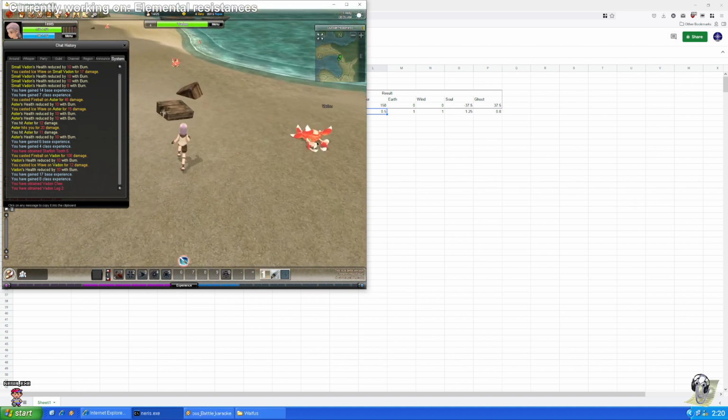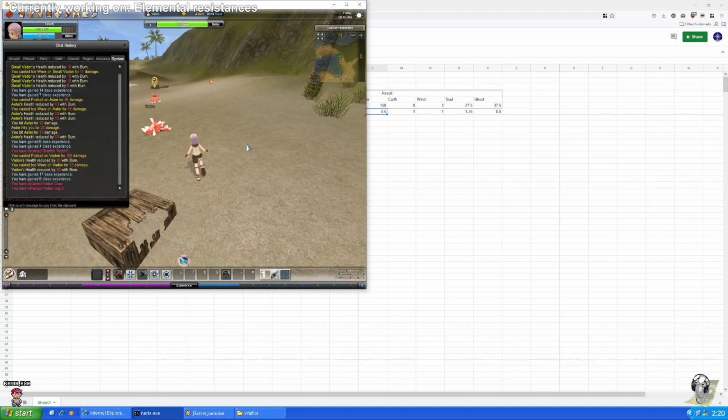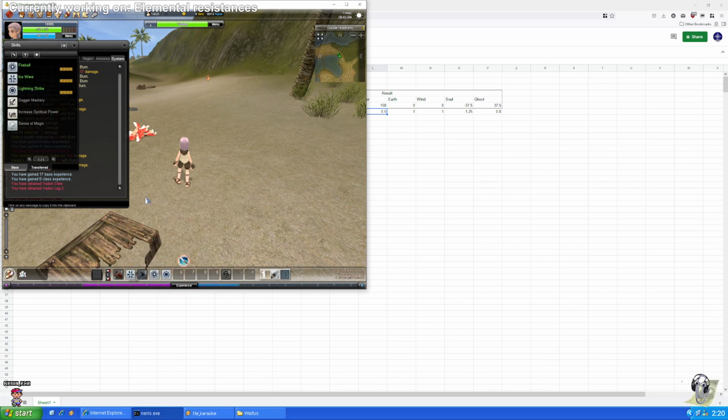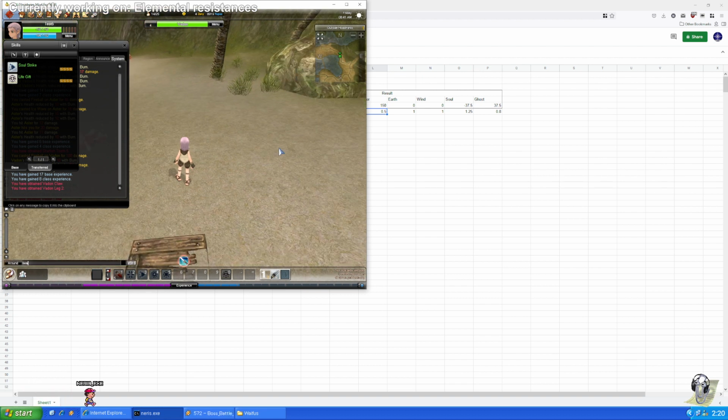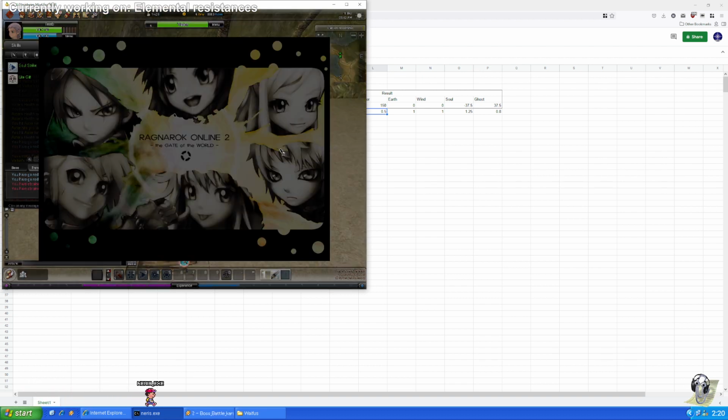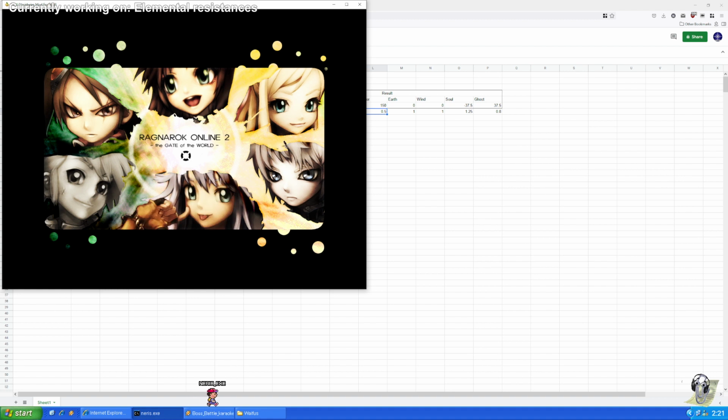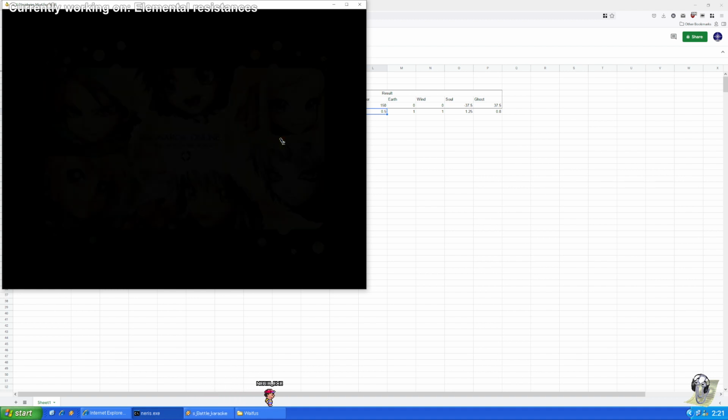Yes, seems correct. So if attacked with, where is my, oh, I don't have this skill. Let's go grab it. Let's grab Phantom Strike and try that.